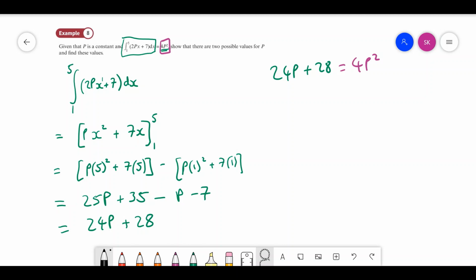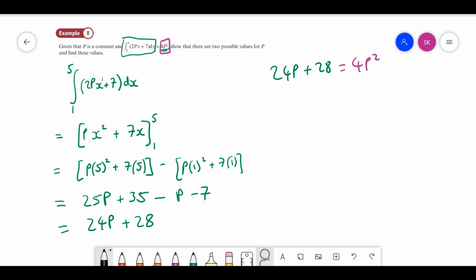I could actually just use the discriminant once I've rearranged it into the form ax squared plus bx plus c to show there's two solutions. As long as the discriminant is greater than 0, then we know that it's got two solutions. But given that I need to find the values, I might as well just go about finding the values, and that shows that there are two values of p that are possible.